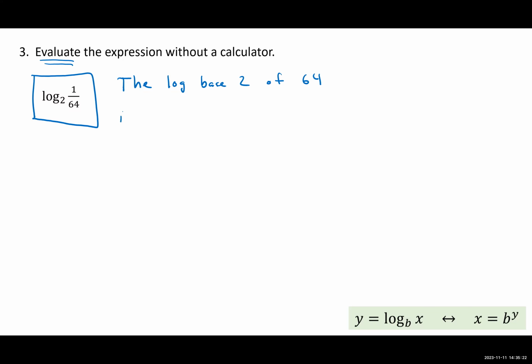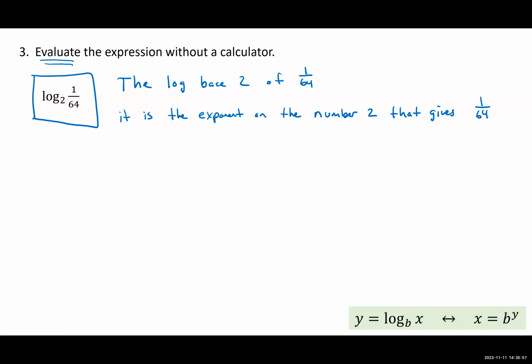Well, it is the exponent. Oh, sorry, not 64, 1 over 64. Let me be precise and correct here. So the log base 2 of 1 over 64, what is it? It is the exponent on the number 2 that gives 1 over 64.